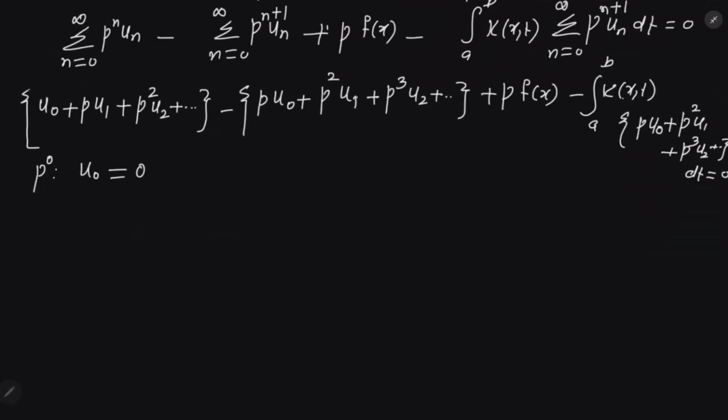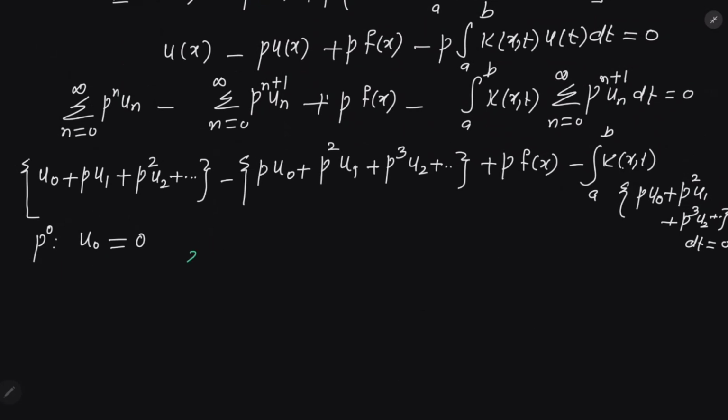Next, the coefficient of p^1: here we have u1, then minus u0, then plus f(x). Since u0 is 0, we get only these terms, so u1 is equal to minus f(x). That will be our u1.